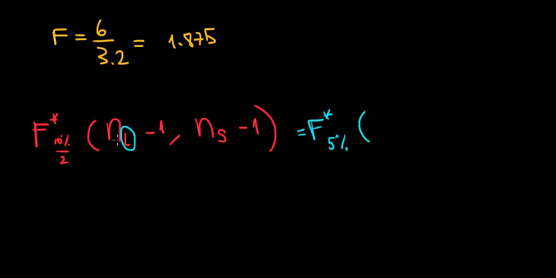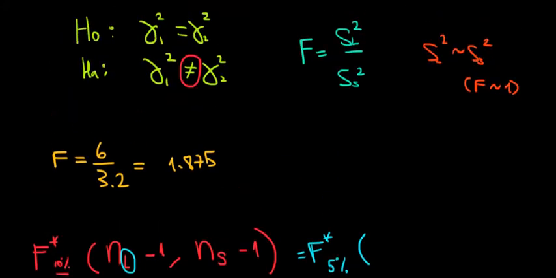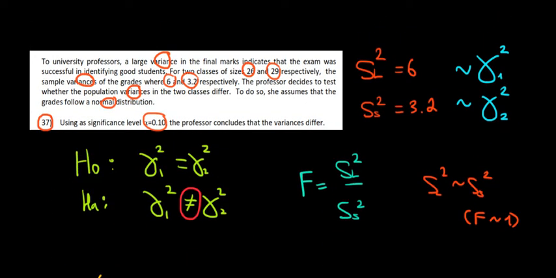And the number of observations of the larger variance, we can check over here. We have that the sizes are 26 and 29, so for the variances of 6 and 3.2 respectively, the first variance has 26 observations and the second variance has 29. So 26 for the first variance, 29 for the second variance. And notice what's happening here.